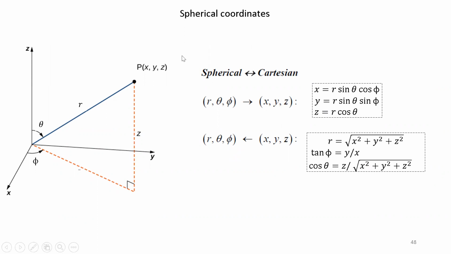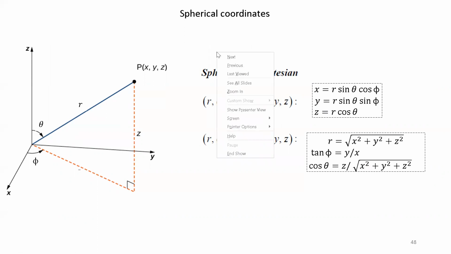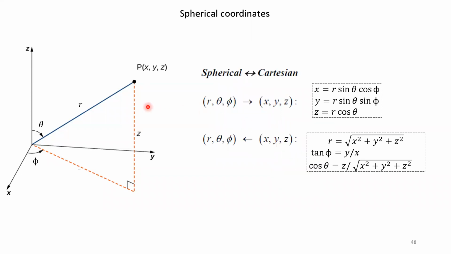The other important coordinate system that we need to learn is the spherical coordinates. This time I again have a point P at x, y, z, first in a Cartesian coordinate system. Then in spherical coordinates, the three variables I use to indicate the position of point P begin with R, the distance between this point and the origin of the coordinate system.